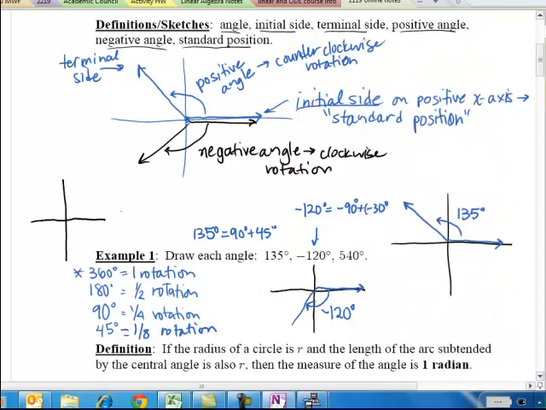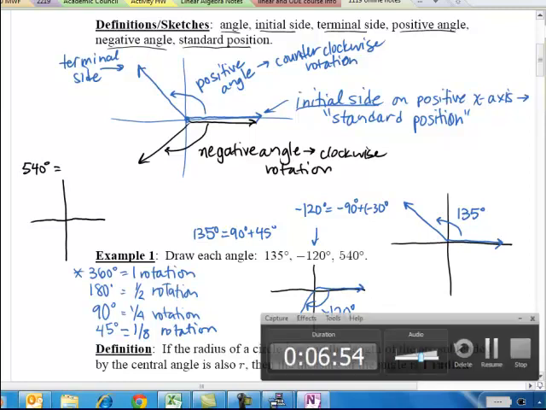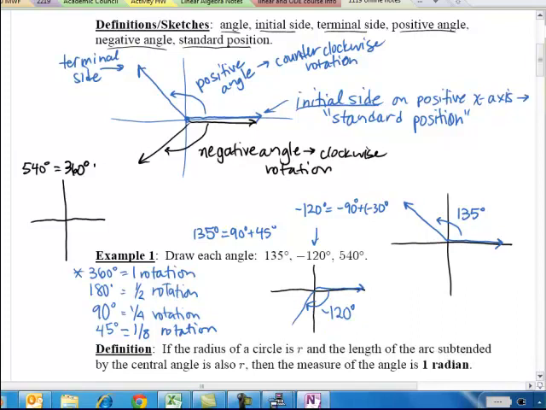So 540 is 360 degrees plus 180 degrees. We're going to do one complete rotation from the initial side, and then 180 degrees more than that. So the terminal side would end up on the negative x-axis. Something like that.